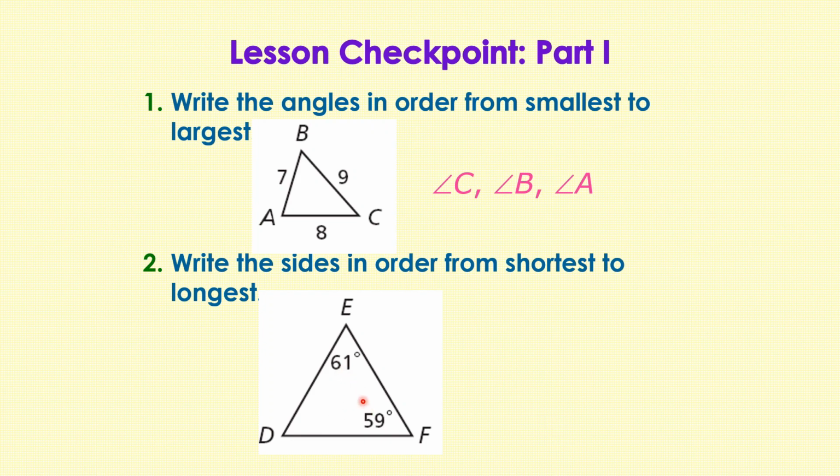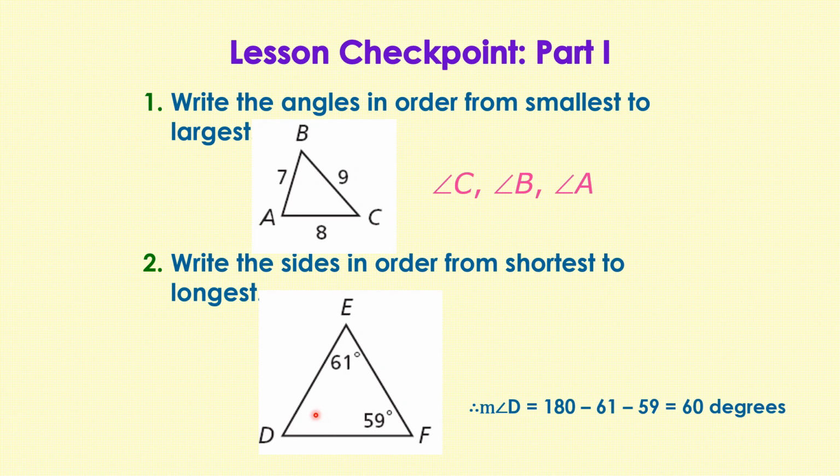Subtract the two known angles from 180. Remember, one of the properties of a triangle is that the sum of the angles is equal to 180. That means the measure of angle D is 180 minus 61 minus 59, which is equal to 60 degrees.